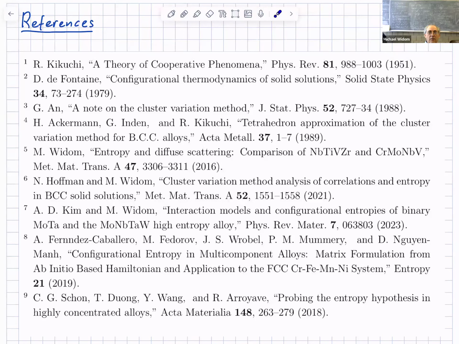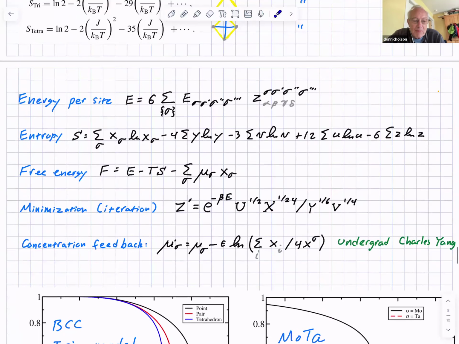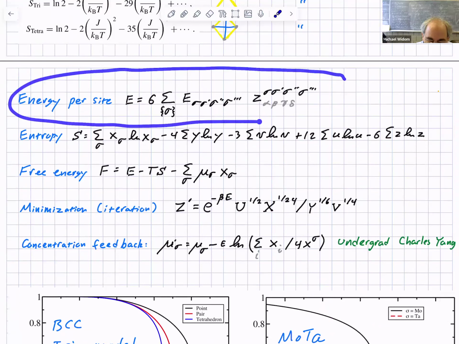Yeah, and another aspect is that you're not always interested in pair interactions. That's right. But there should at least be some functional for which the higher order interactions would be variationally small. So here is the expression that I use for the entropy.